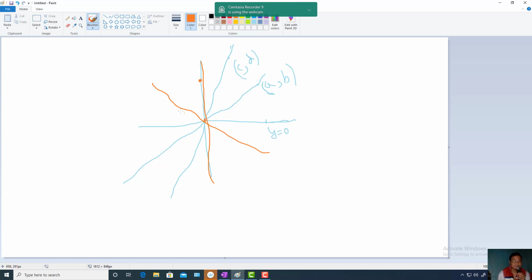This is also a solution passing through origin, this is also a solution, and this one is also a solution passing through the origin. When the two conditions are not fulfilled, anything can happen. Here the two conditions are not satisfied, but there is no solution. But here also the two conditions are not satisfied, but there are infinitely many solutions.